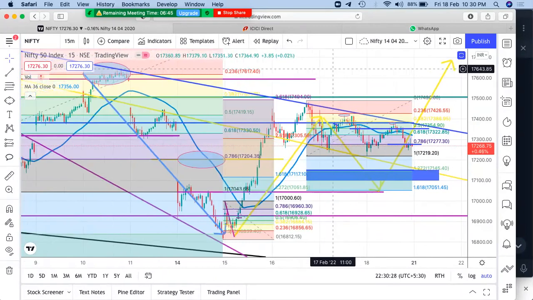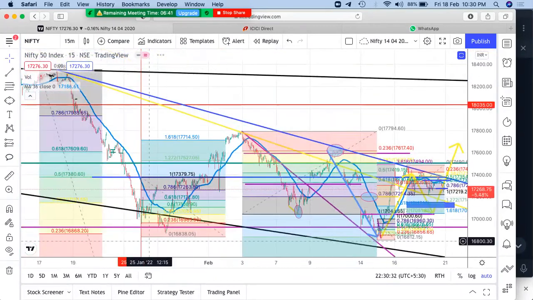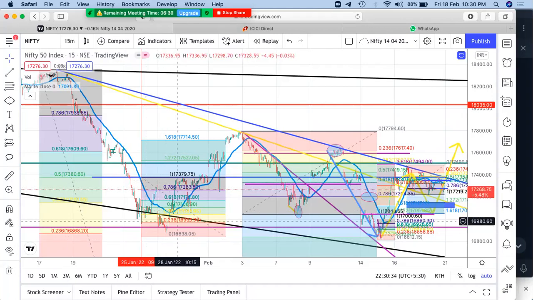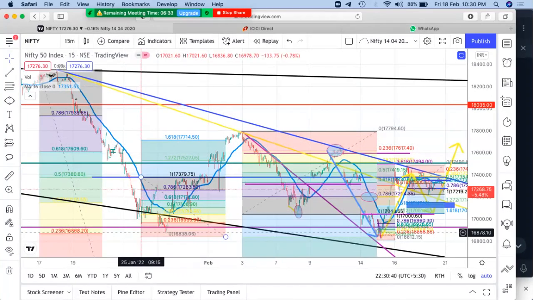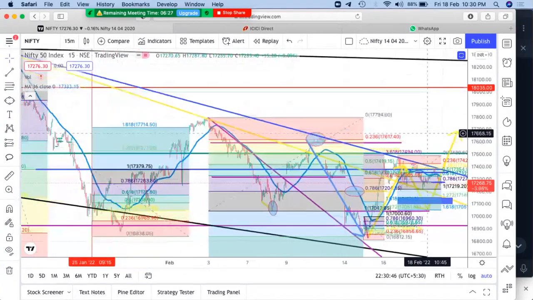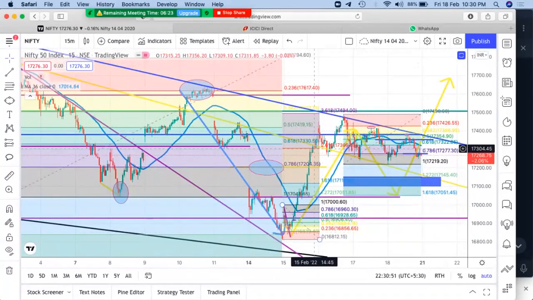What I see from my part is, see, this was the bottom which was being formed. From the bottom, it gave me a price action. It did go up. It completed this level. So this first leg was completed. First leg means the upward range was completed. Now there is a downward range which has been done with. What I think from my side is, again, it has completed this part, right?